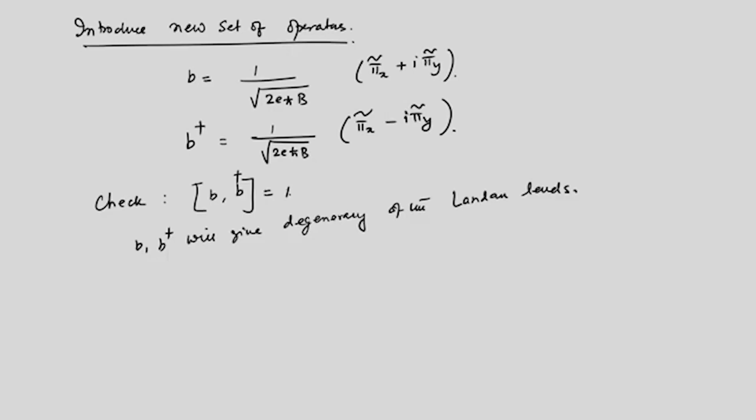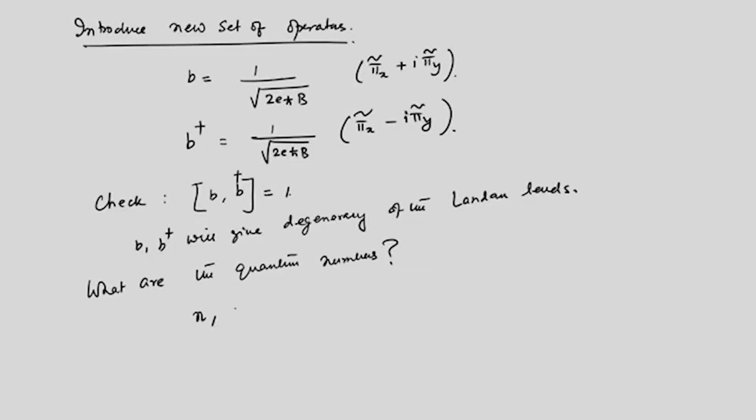So, now we of course have one quantum number. What are the quantum numbers that we have? We have of course n, which appears in the Hamiltonian; it is the eigenvalue of the number operator, which acts on the Fock space, giving us the number of oscillators present in the problem. And the other one is m, which is included in the angular momentum operator.